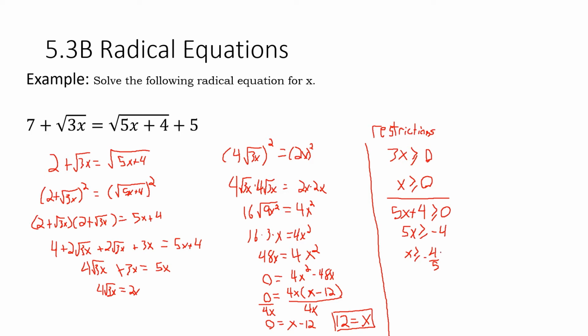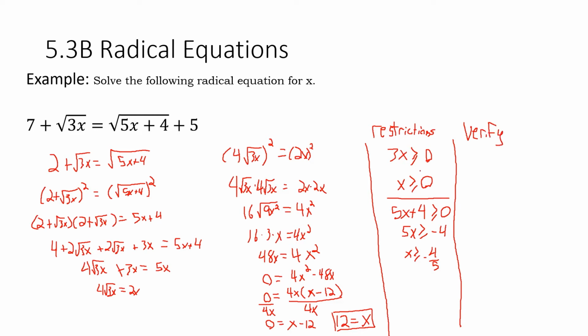So if x was, say, negative 1/2, which is in between 0 and negative 4/5, negative 1/2 would satisfy this, because x would be greater than that, but it wouldn't satisfy this value, which throws off this term right here. And that's no good.